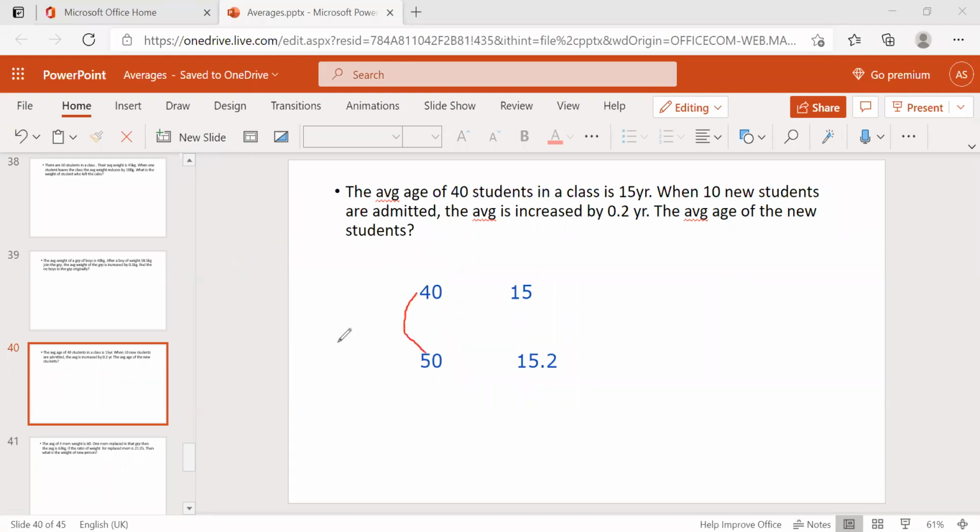Now, what's the difference here? Plus 10. What's the difference here? Plus 0.2.